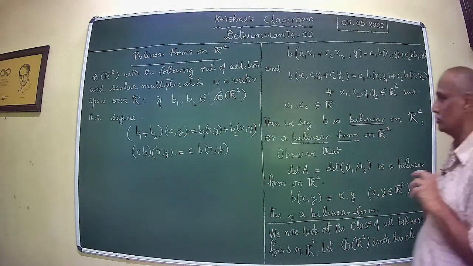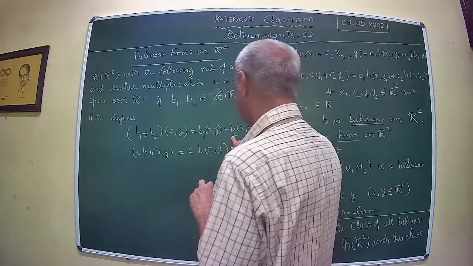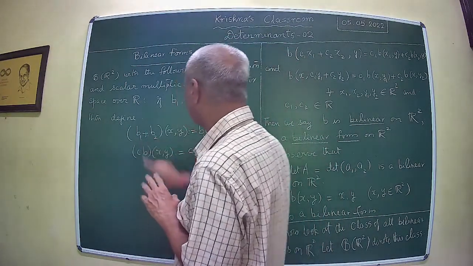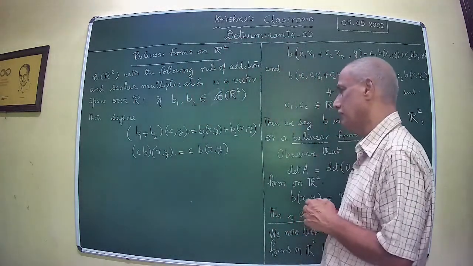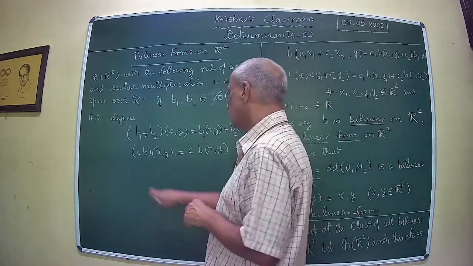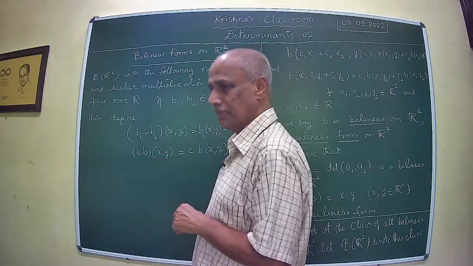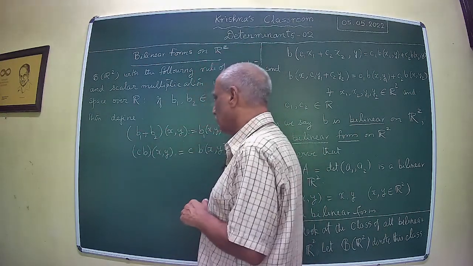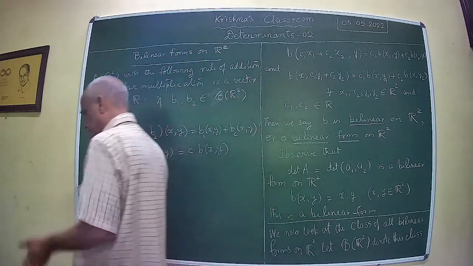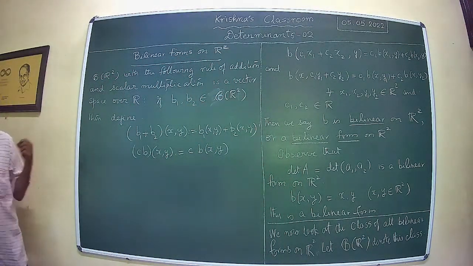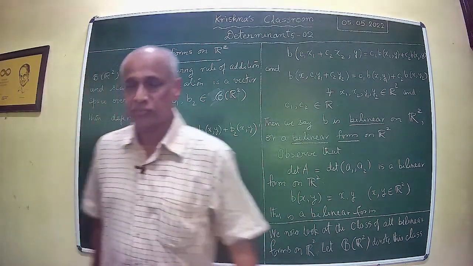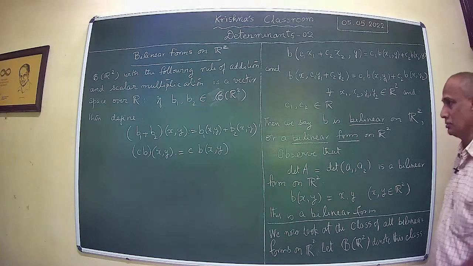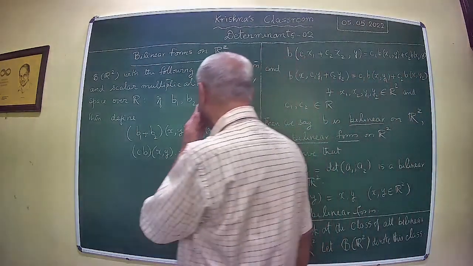B1 and B2 are bilinear, therefore it is quite easy to verify that B1 plus B2 is bilinear. So also cB is bilinear. I am just skipping the verification because it doesn't take time, or I can just show how it comes.